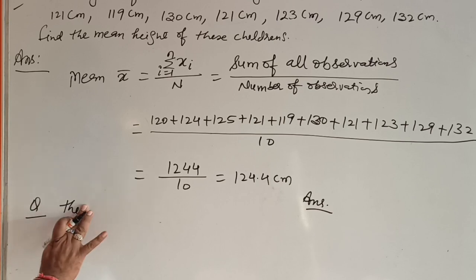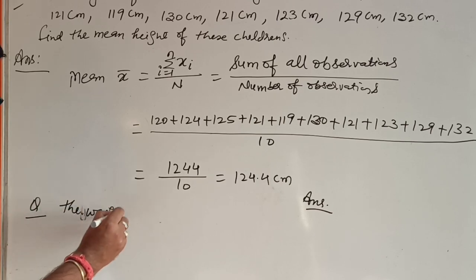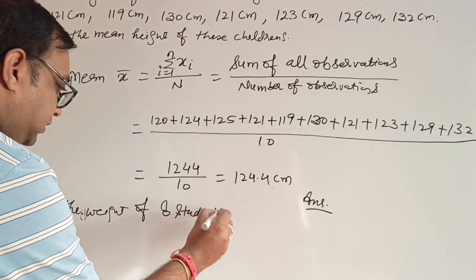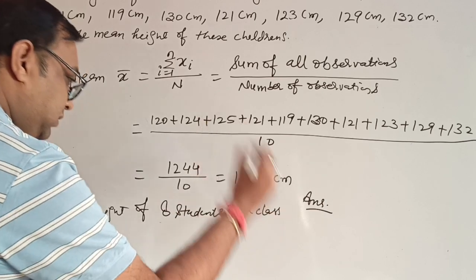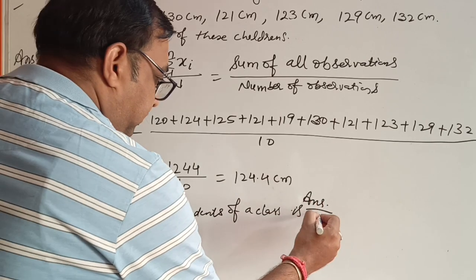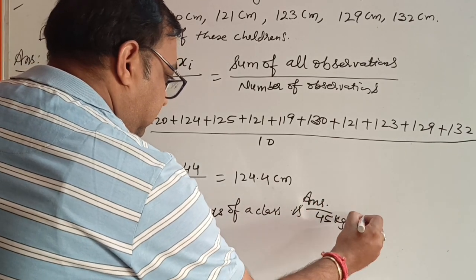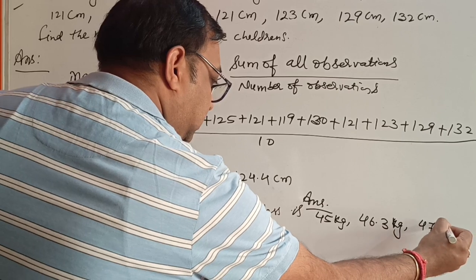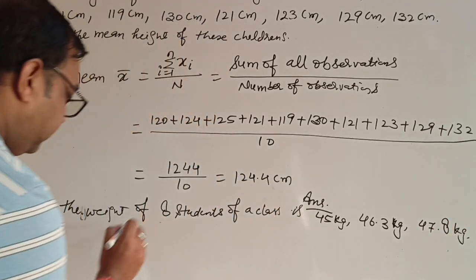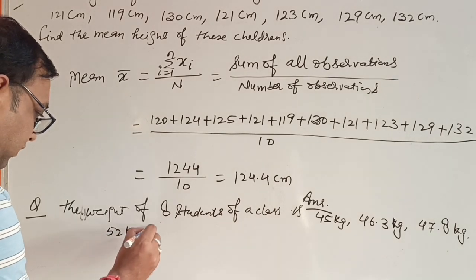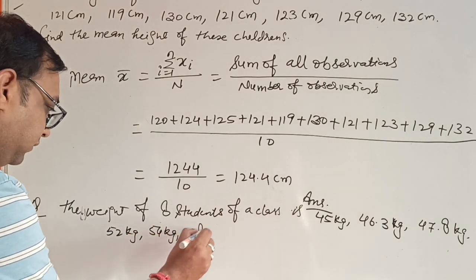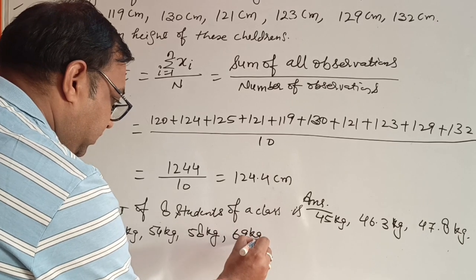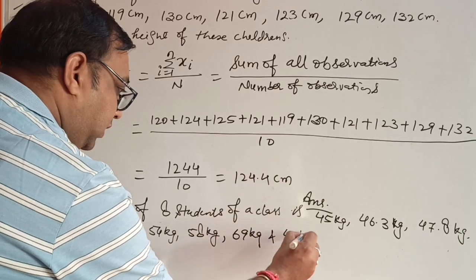The weight of 8 students of a class is 45 kg, 46.3 kg, 47.8 kg, 52 kg, 54 kg, 58 kg, 69 kg and 41 kg.